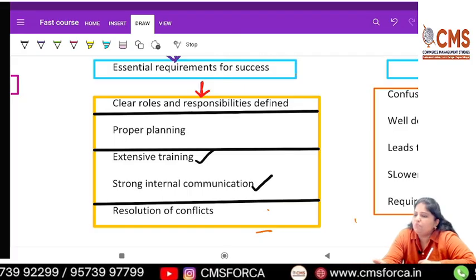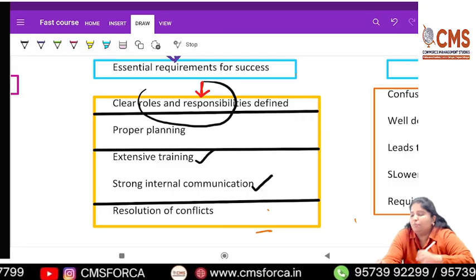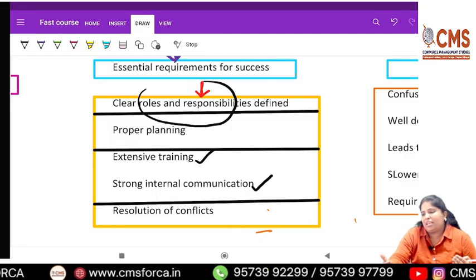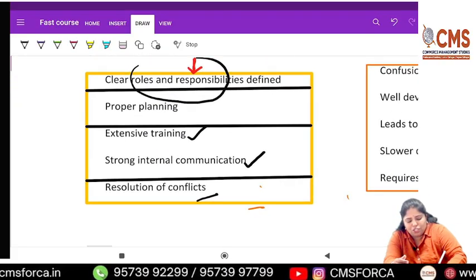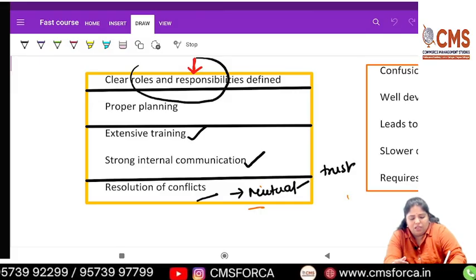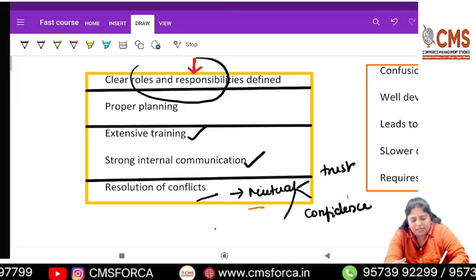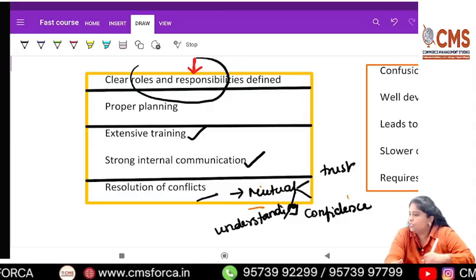And as I described a couple of minutes back, we need to clearly describe the roles and responsibilities of different levels of managers. And to resolve conflicts, there should always be mutual trust, mutual confidence and good understanding between multiple managers.